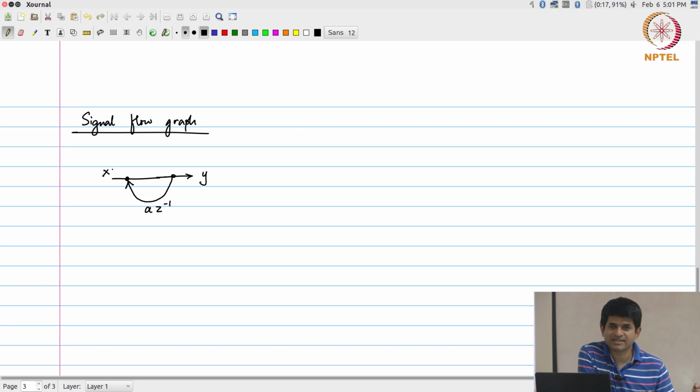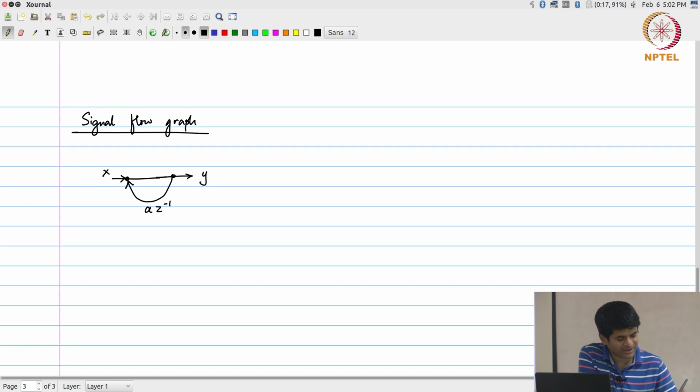This usually is used to represent the signal flow, and the Z transform domain is used to represent the signals. The Z inverse represents one sample delay. A Z inverse, when appended to an arc like this, essentially means that any signal going across that arc gets multiplied by A into Z inverse. The A is a constant scalar, Z inverse indicates one sample delay.